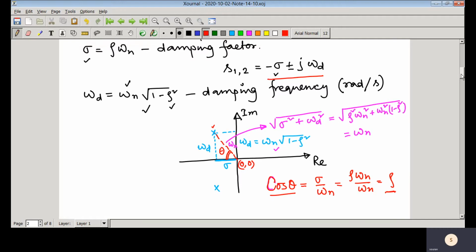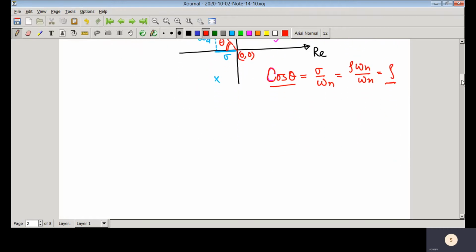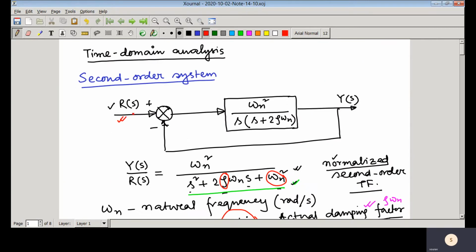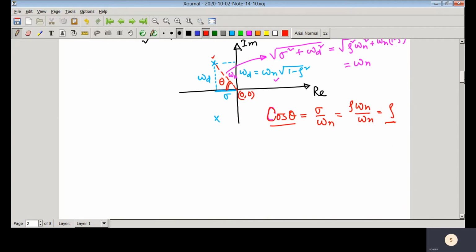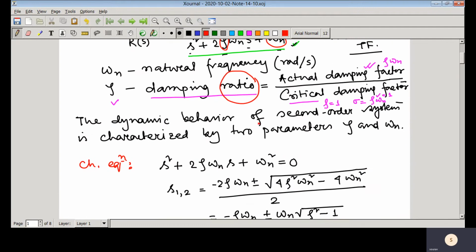So let us now see what happens if we apply a step input to the second order system. Whenever you apply a unit step command here, what would be the response? That is actually our objective. As we have pointed out, the dynamic behavior of the second order system depends on zeta and omega n.